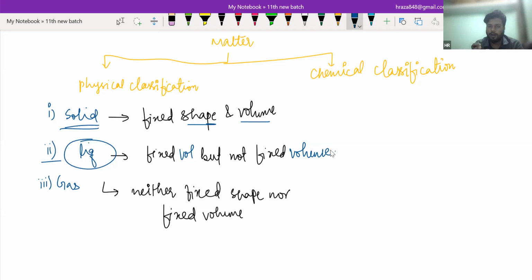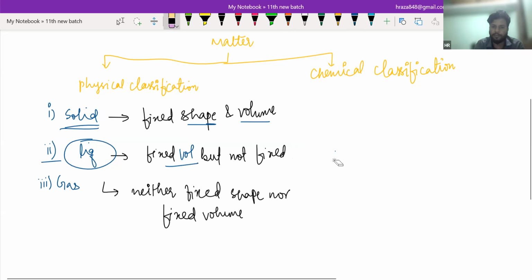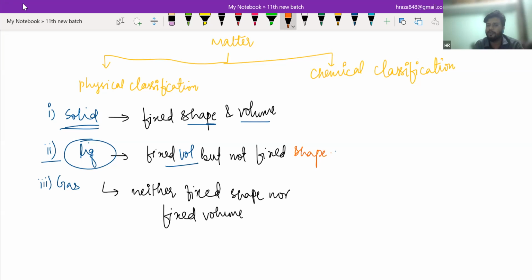If you put water from a bottle into a glass, initially it was in the shape of the bottle, and later, after keeping it in the glass, it will be in the shape of the glass. So liquid has fixed volume but not fixed shape. What about gas? Gas has neither fixed shape nor fixed volume.